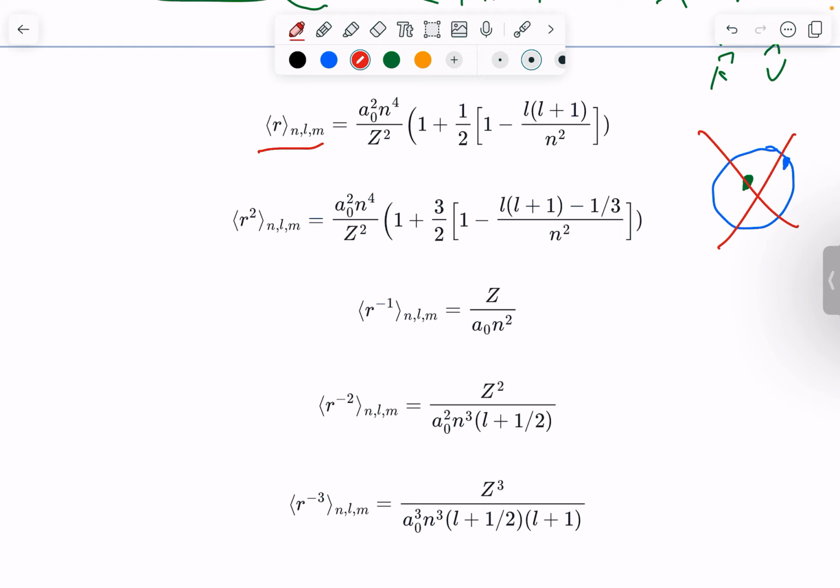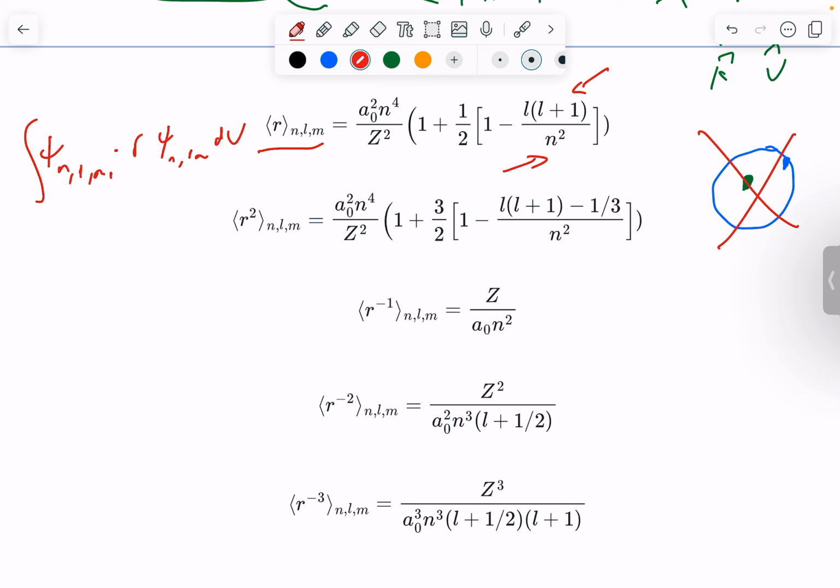So here are some interesting quantities. What's the average distance of the electron with respect to the nucleus? You see that it's a function that now depends on n as well as l. This is something that you get by taking the quantum wave function that depends on n, l, and ml, sandwiching the operator in between two wave functions, and then doing an integral over 3D space, and you end up with these expressions.